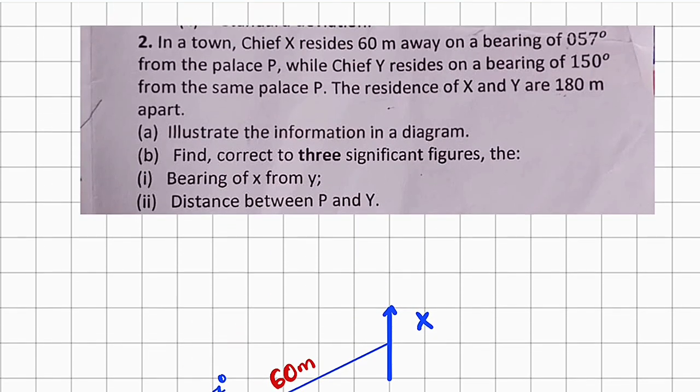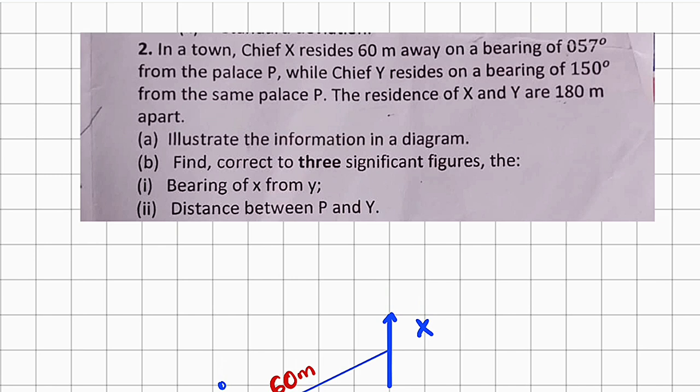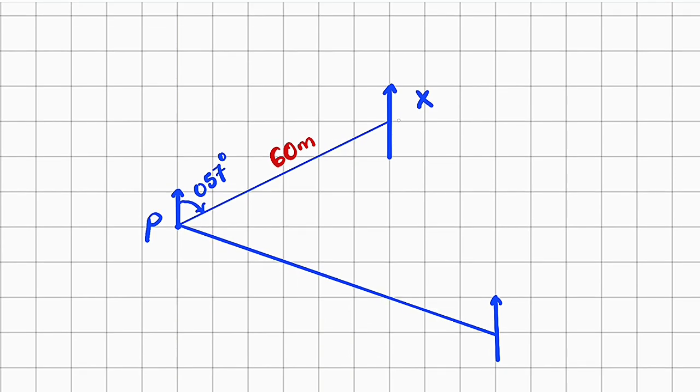Then from the question, it stated that the distance from X to Y is 180 meters. So let us connect X and Y together. Something like this. This is 180 meters. One thing you should remember is that the bearing of this is 150.